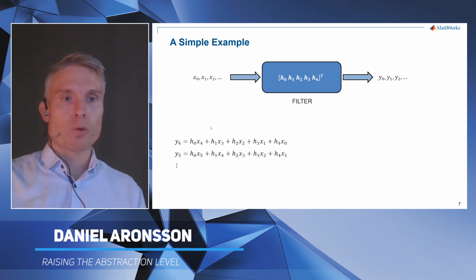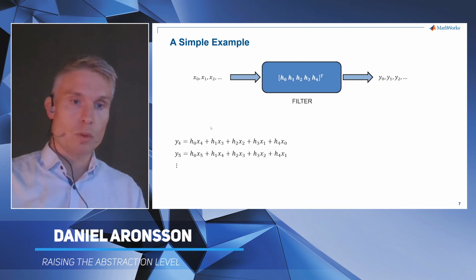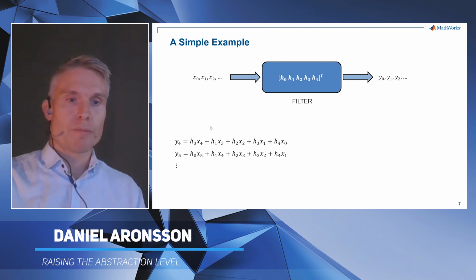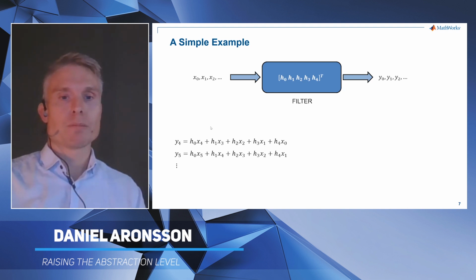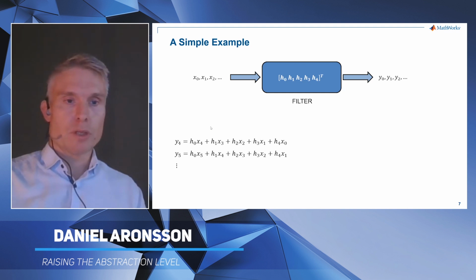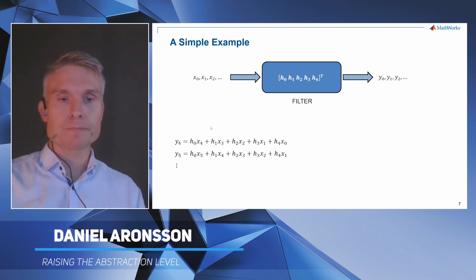So the fifth output of the filter will be a weighted sum of the first 5 inputs to the filter, as you see here. And the next sample that comes out will be a weighted sum of the inputs number 2 through number 6, and so on and so forth.